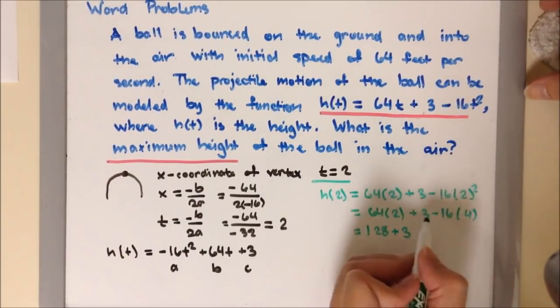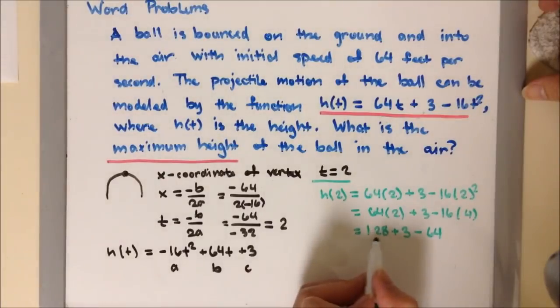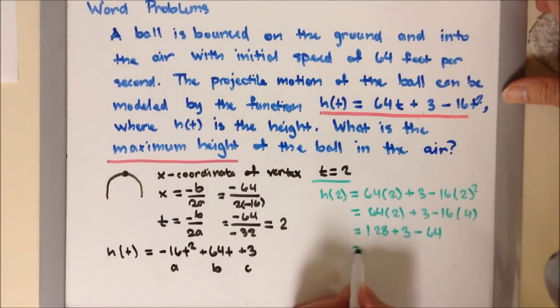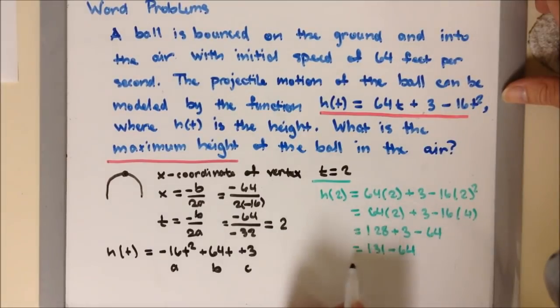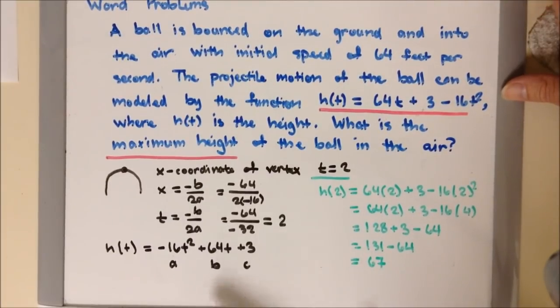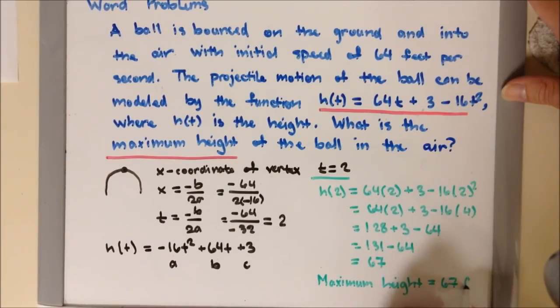Negative 16 times 4 is going to be minus 64. 128 plus 3 is 131, minus 64, that would be 67. So my maximum height is 67 feet.